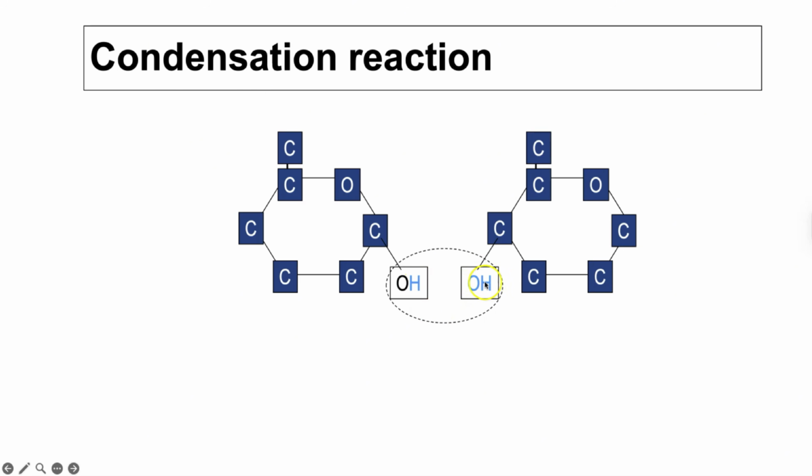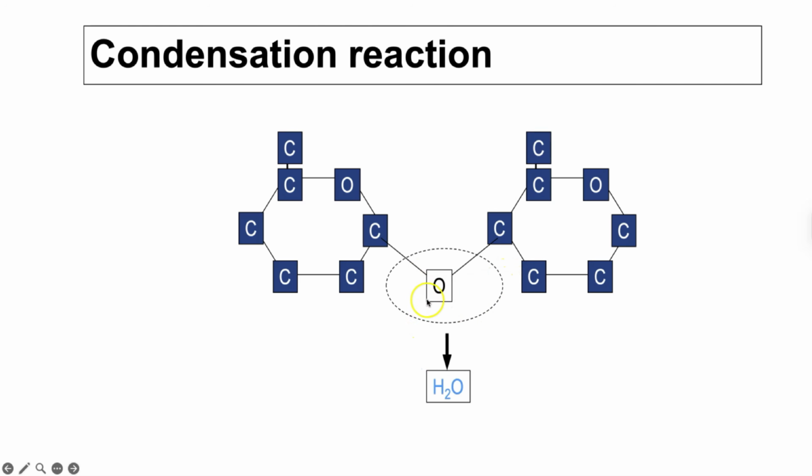Now, it doesn't have to be the OH of carbon 4 and the H of carbon 1. It could be the OH of carbon 1 and the H of carbon 4. I just happen to have highlighted these. But the main thing is it's from the 2 hydroxyl groups that the water is removed. That leaves you 1 oxygen atom behind. And that's where we get this glycosidic bond, the carbon to the oxygen to the carbon.